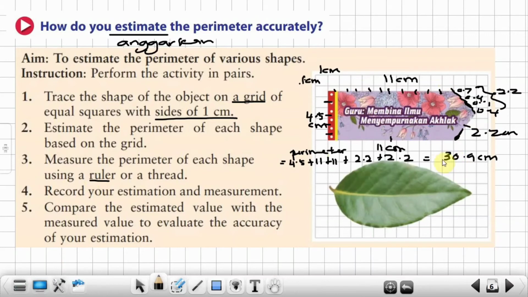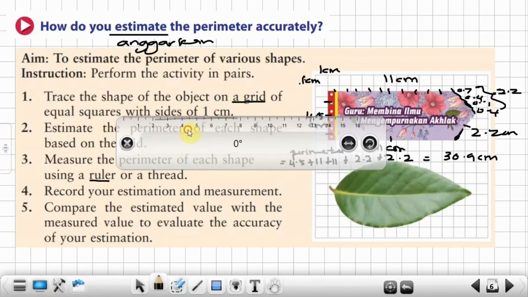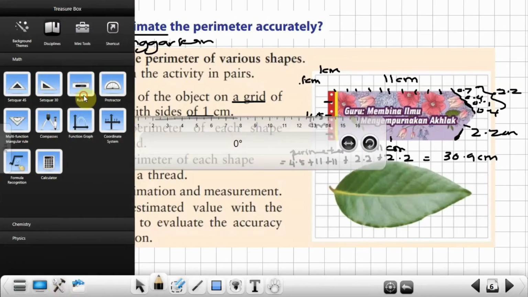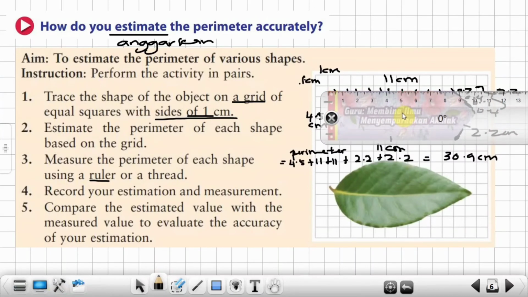Then you compare. So let's say here, we use a ruler. Let's find out. So this side, I can say this is 8.6.